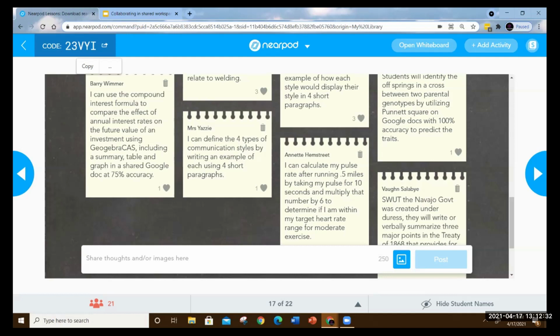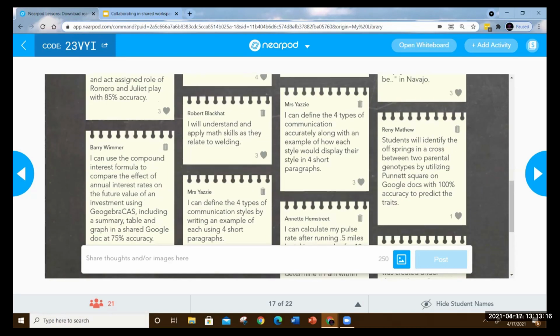One skill is they are going to apply a communication skill in a paragraph. And the other skill is they know what the communication styles are and how they're defined. So I think you're trying to blend 2 very different skills into the same learning target. And I think it's too much. So I think you either need to simplify the definition or you need to say, understanding the 4 different types of communication styles, I can write an example of each in their own paragraph. Does that kind of make sense? That's how I wrote it before.